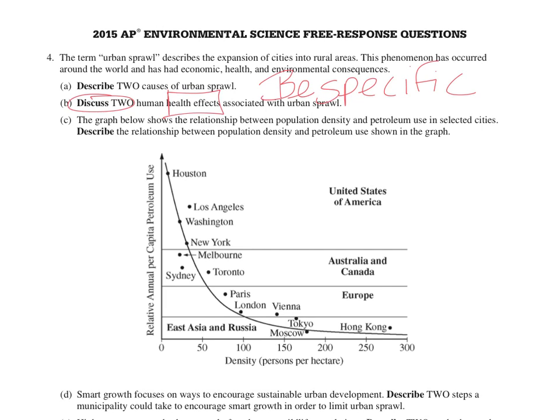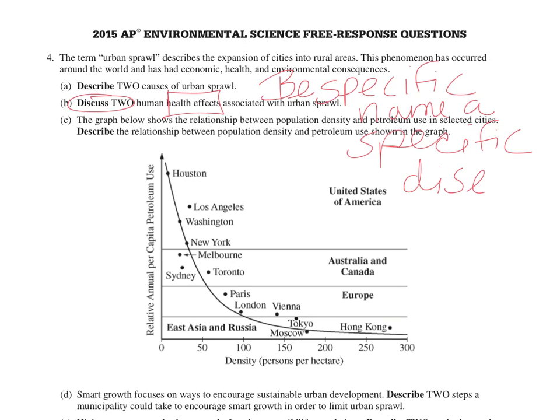In this case, discuss 2 human health effects associated with urban sprawl. A lot of kids just wrote stress from driving a lot, or they wrote pollution. Again, even air pollution wasn't acceptable. You'd have to say air pollution causes asthma. Go ahead and name a specific disease. So stress wasn't good enough.